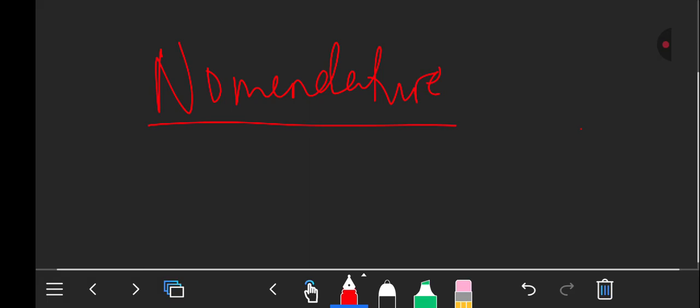So let's look at some nomenclature. During our introduction, we defined nomenclature as the systematic way of naming an organic compound. So even these acid chlorides have a systematic way to name them. So how do you name them?